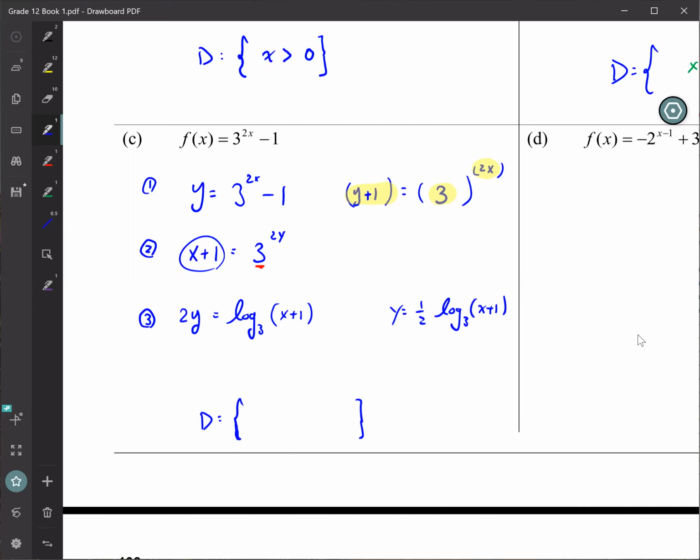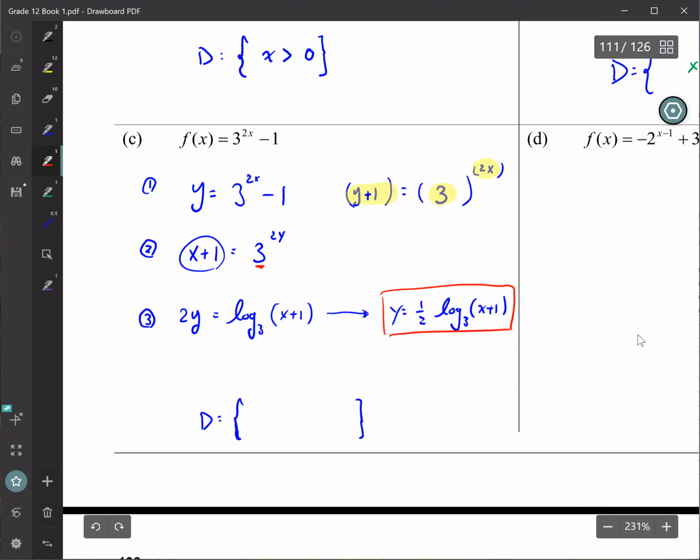But we need to isolate y, so we need to divide by 2. You could either write it as log and then all over 2, or like Donna, put a 1/2. It's the same thing. Divide by 2 is the same as multiplying by 1/2. Now let's check the domain.